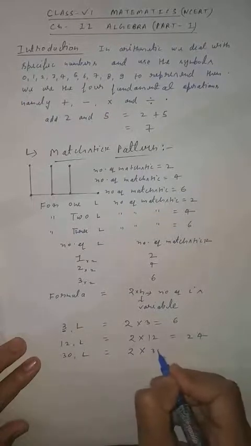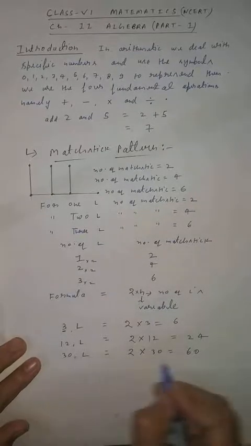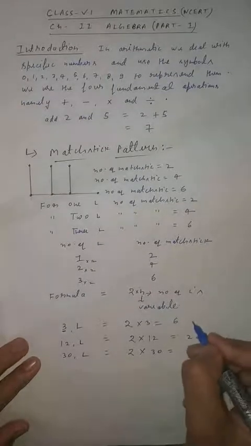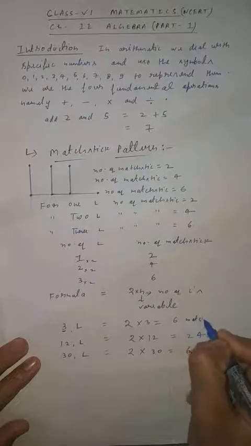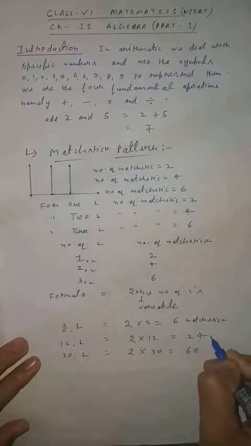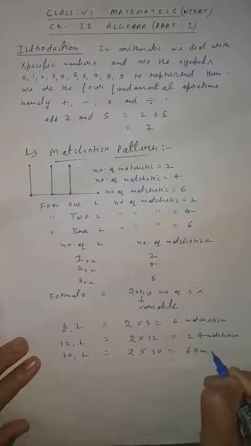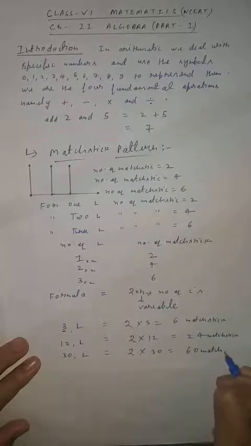So 2 times 30 is 60. That is, for 30L you require 60 matchsticks. Here 6 matchsticks, here 24 matchsticks, here 60 matchsticks.